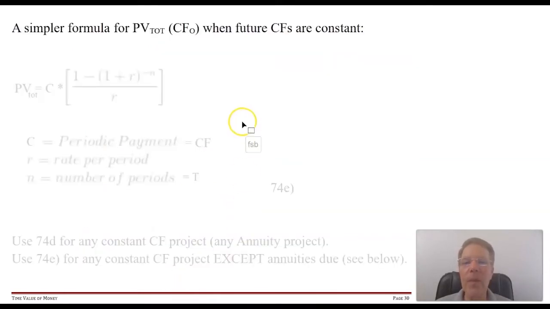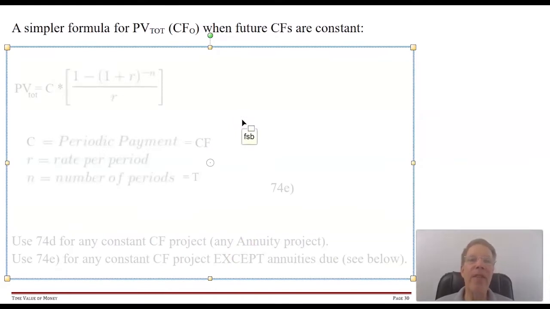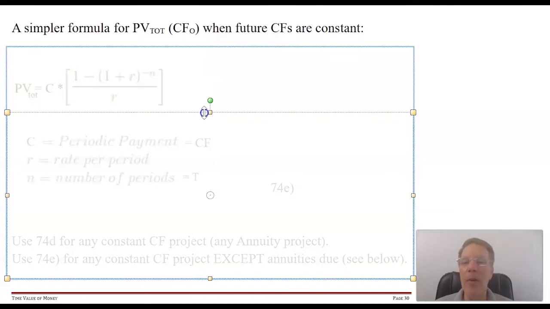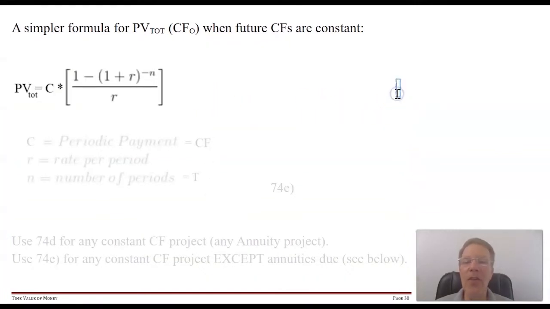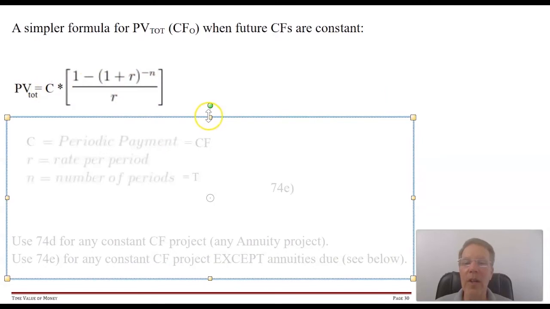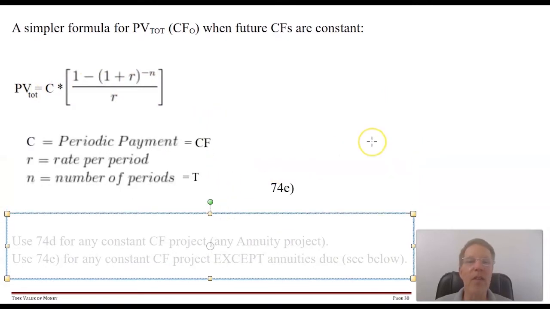Also, when we have our uniform cash flow problems or annuity problems, we can use this closed form equation to help us out, where we say the PV total, which would also be CF0, is equal to C times this whole mess, where this whole mess is defined like this.